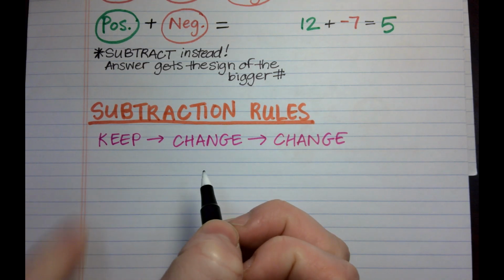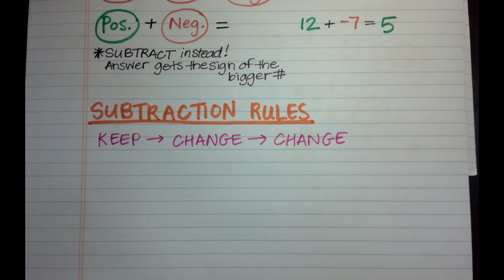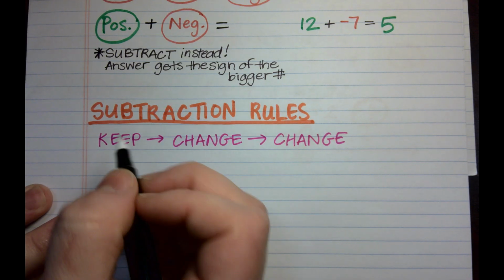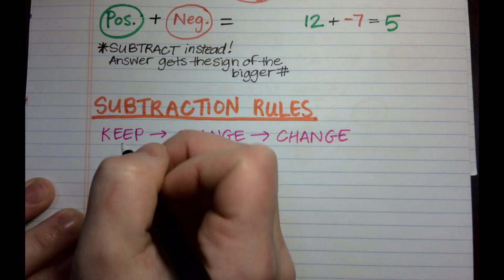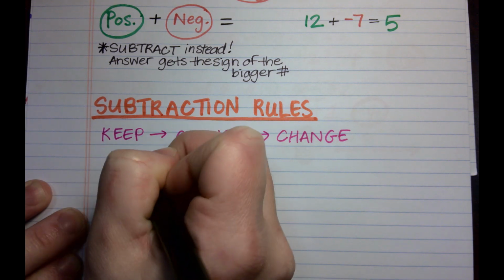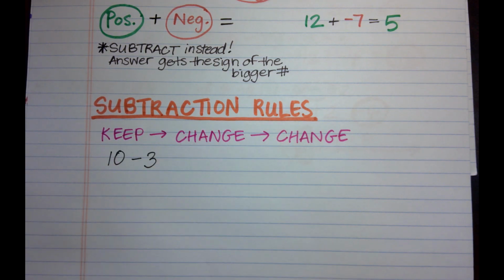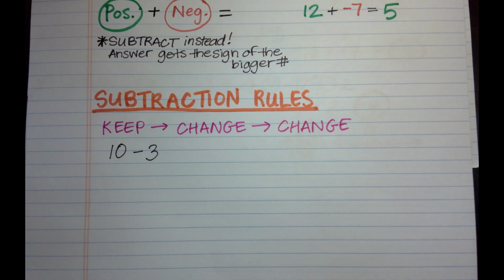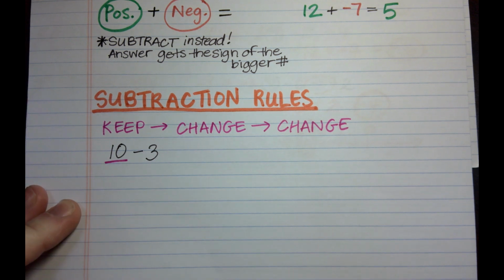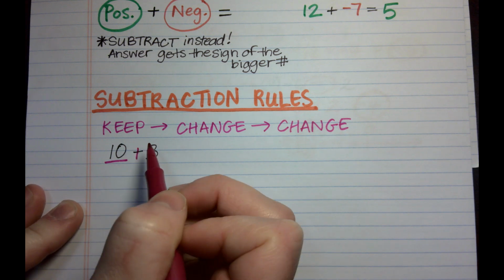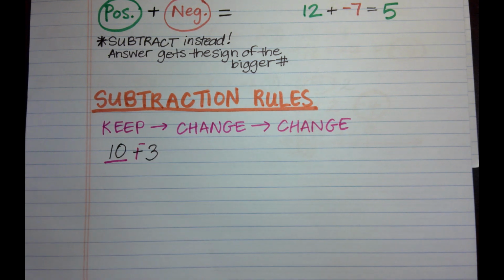Let's start with a problem where we have just two positive numbers, all right? We've got 10 minus 3. Keep, change means we're gonna keep 10 the same. We're gonna change the minus to a plus. We're gonna change positive 3 to negative 3.